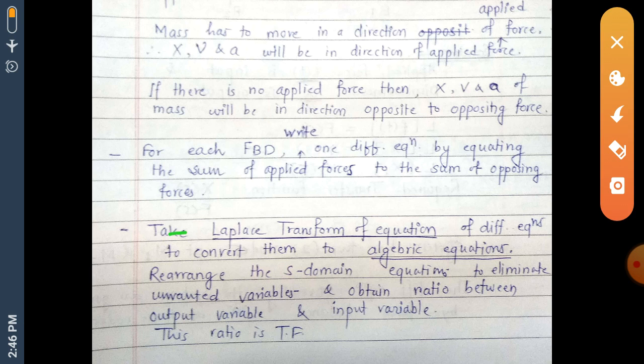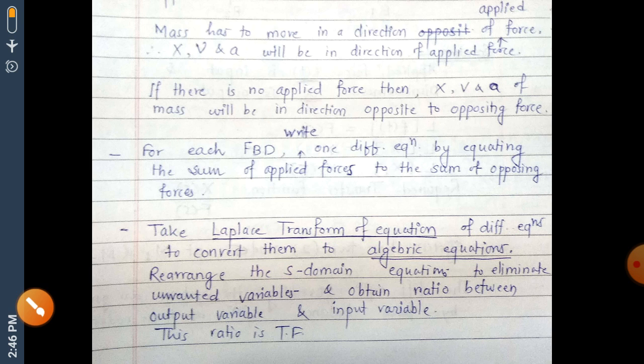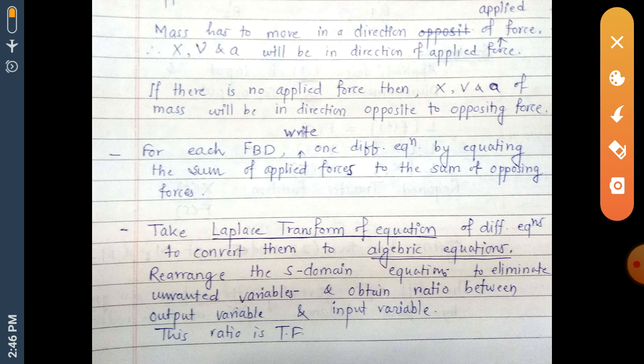Then take the Laplace transform of the differential equations to convert them into algebraic equations. Before taking the Laplace transform they are in differential form; after taking it, we get algebraic equations.